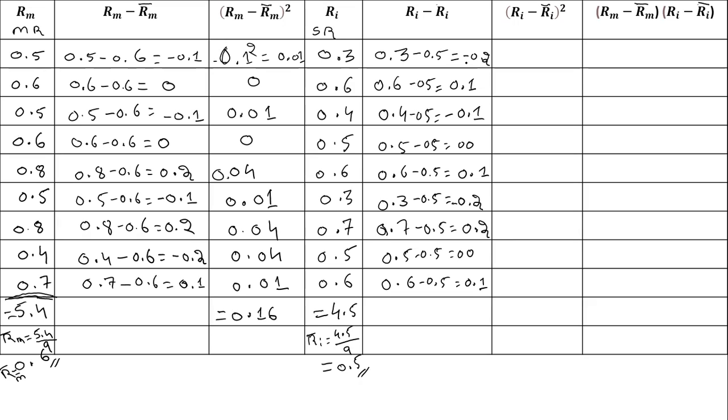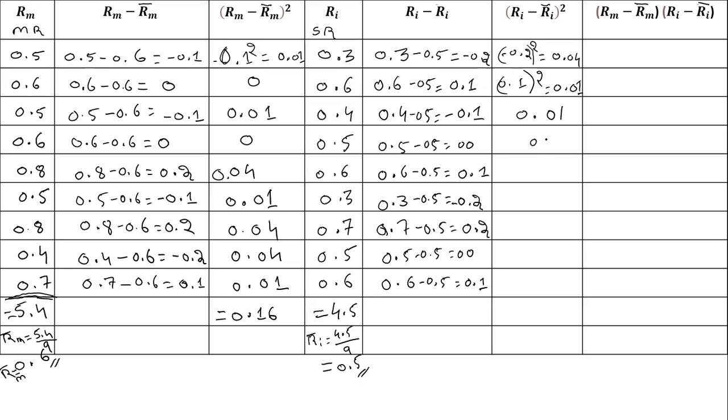Now we have to square these values. So the first value is minus 0.2. So square of this is 0.04. Now 0 bracket square, so we'll get 0.01. Next, same again, squaring this, we'll get 0.01.